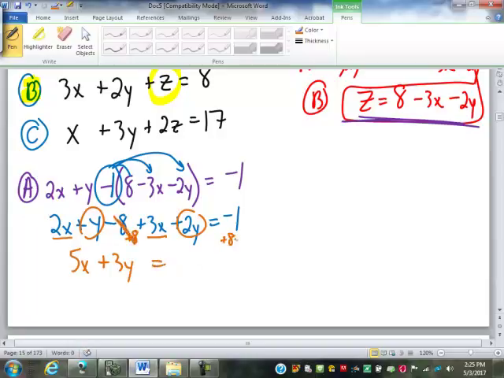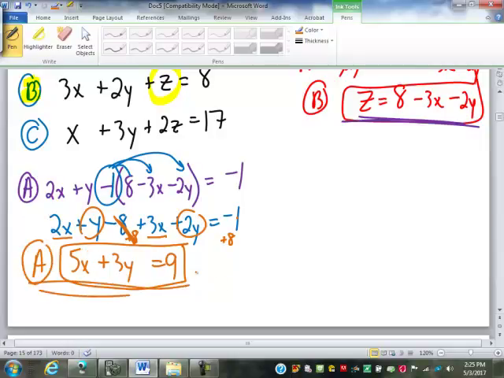I'm going to add 8 over here. Negative 1 plus 8 is 7. So there it is. The equation A has been reduced to 5x plus 3y equals 9. That should be a positive 7. Very good. Thank you. So it's 5x plus 3y equals a positive 7. Good catch.